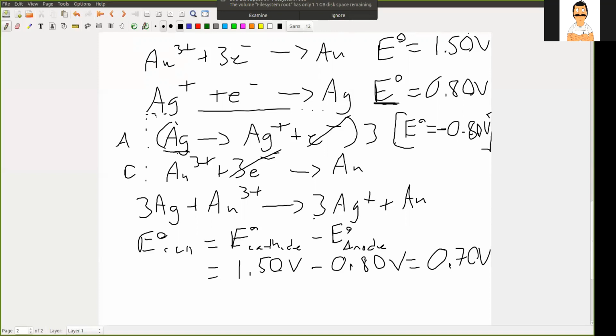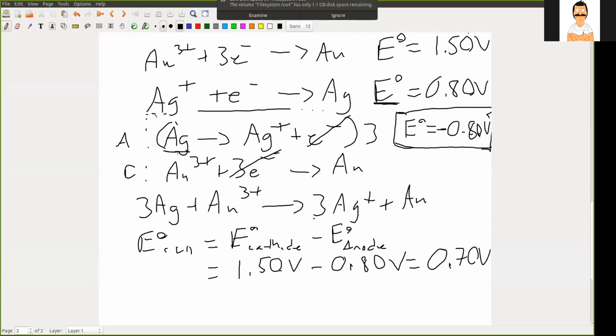If we do it this alternate way, where we don't even worry about the fact that there's an anode and a cathode, we simply know that we need to flip the direction of the reaction in terms of which one is the species that's going to be oxidizing versus reducing.